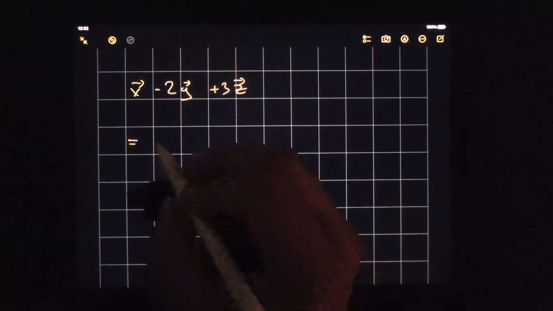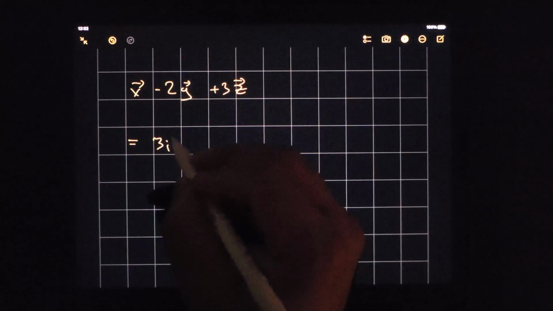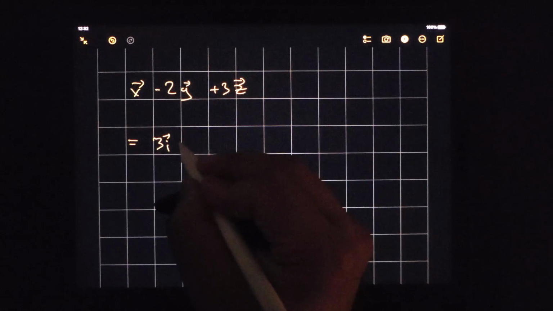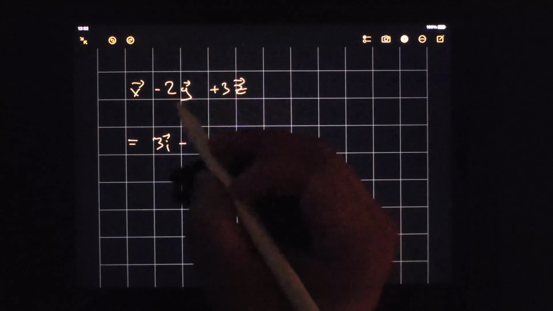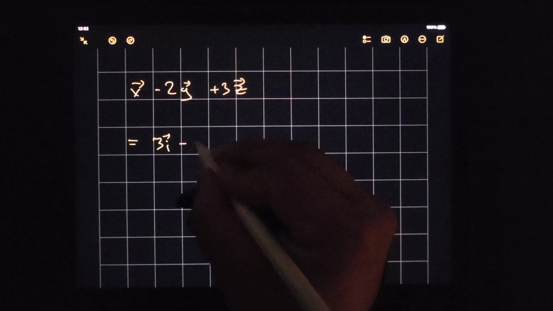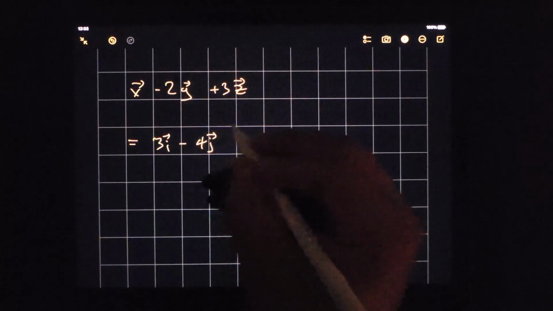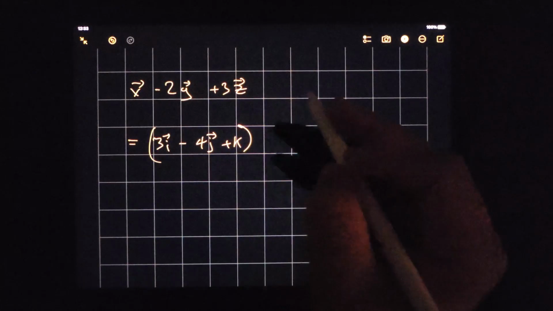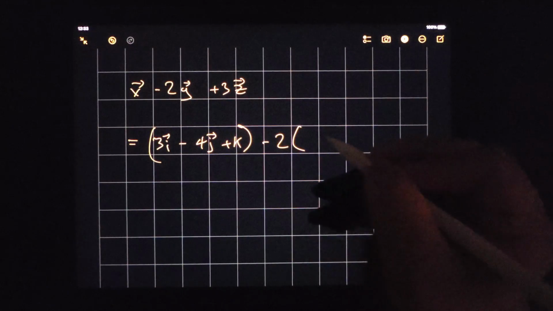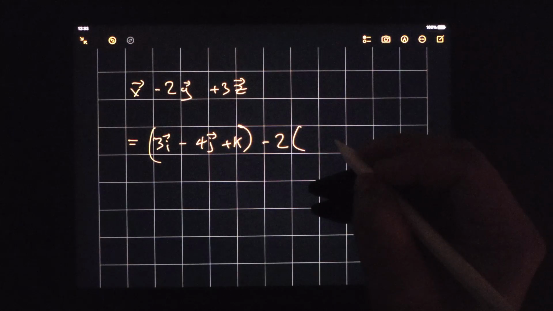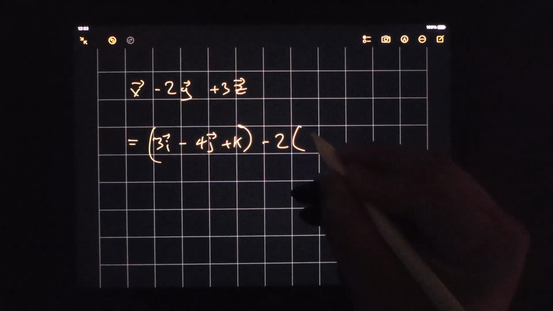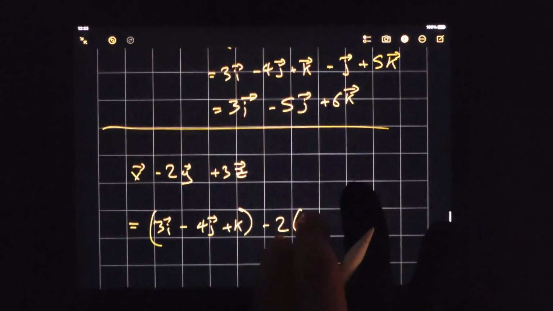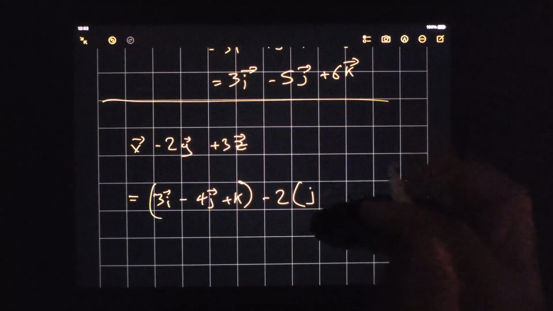So remember, our x is 3i minus 4j plus k minus 2 times y. And our y is j minus 5k.